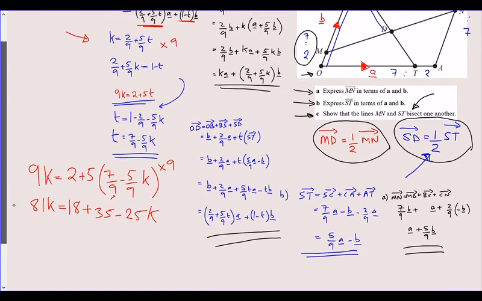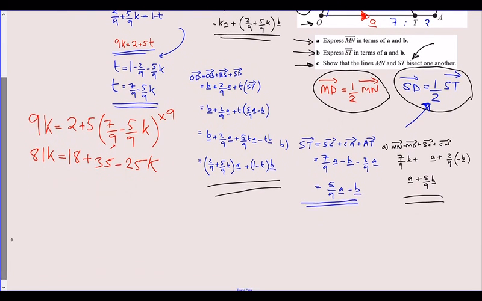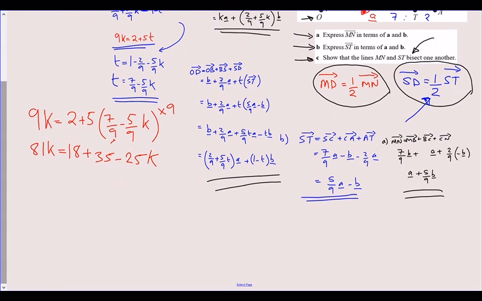Scroll the board down. Add 25k to both sides, so I've got 106k, and that's equal to 53. K is 53 divided by 106, which comes to a half.